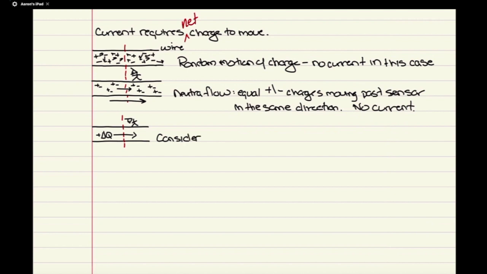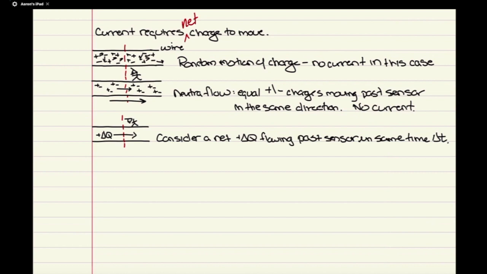We'll consider a net amount of charge Q flowing past the sensor in some amount of time, delta t.